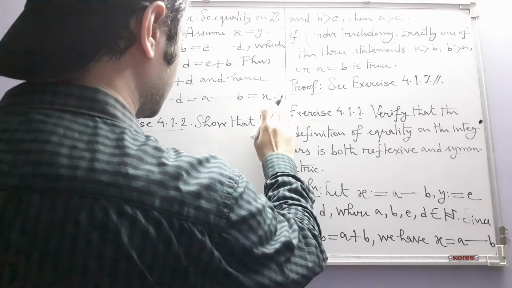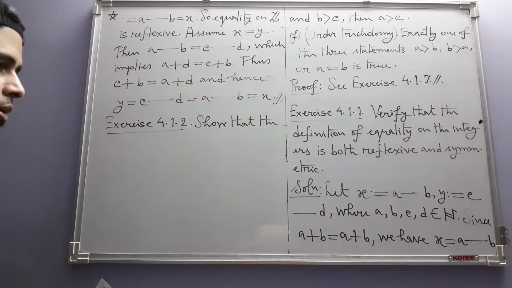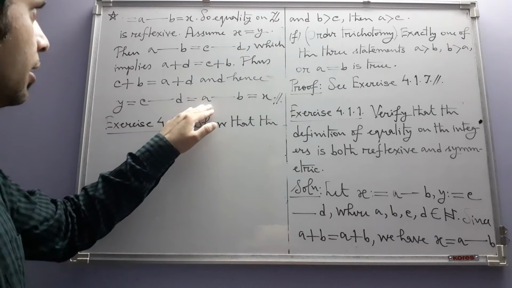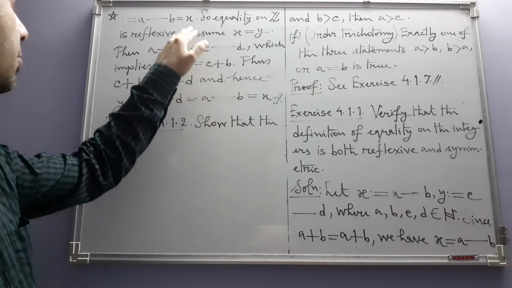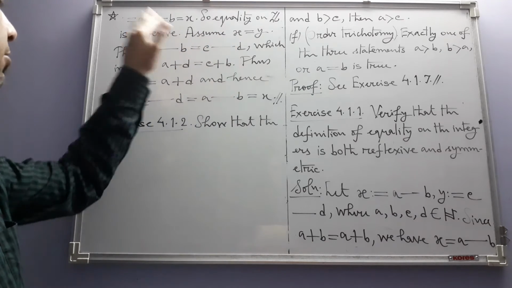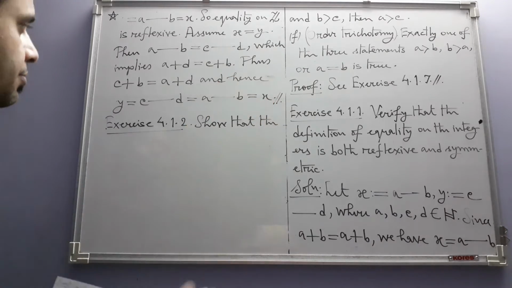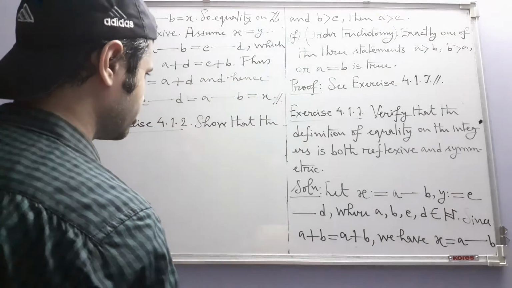Oh, I have ended the solution here. You can write one more line. Yeah, we have written here equality is reflexive. So you can write hence equality is symmetric. Okay, and then you can end the solution.